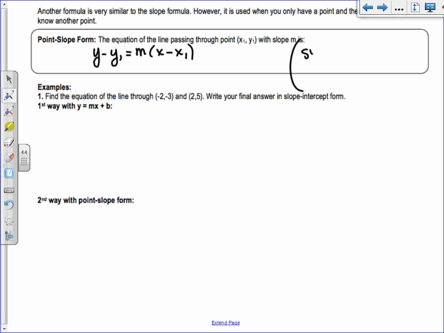Basically it's similar to y2 minus y1 over x2 minus x1 equals m. It's just that this bottom, x2 minus x1, has been multiplied over. And the x and y we don't write as x2, y2 anymore. So they're really similar. If you forget, you can always think, oh, it's related to the slope formula.